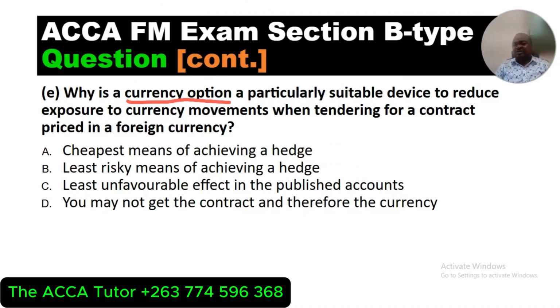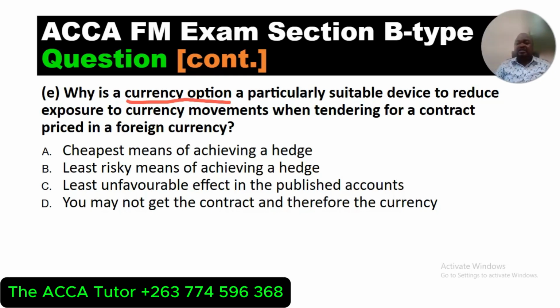A, cheapest means of achieving a hedge. Is it really true that they are cheap? That's not the case. They are actually expensive because you need to pay some premium for that flexibility, because an option can only be exercised if it is convenient to you, if it puts you at an advantage.